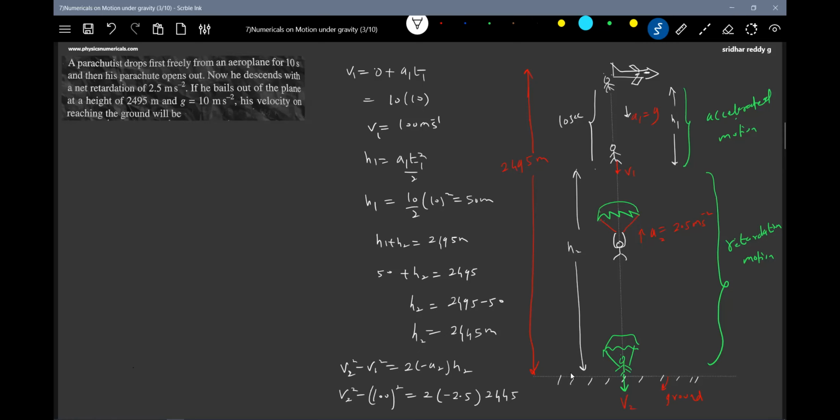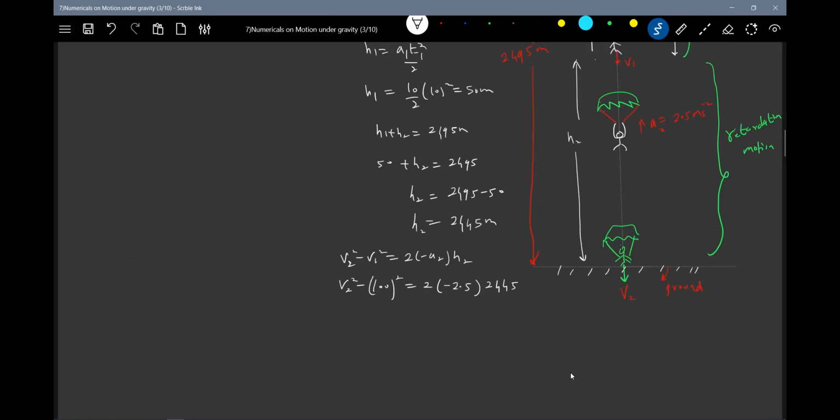Let me use the calculator. 2 into 2.5 into 2445.